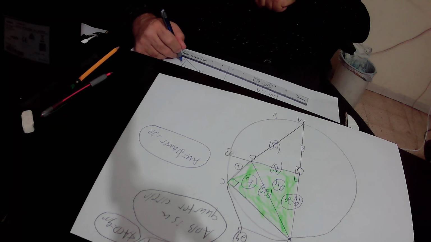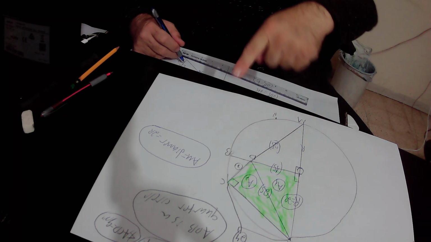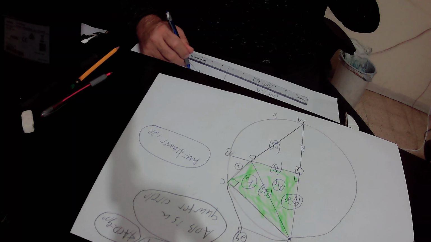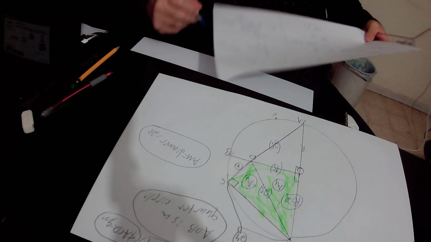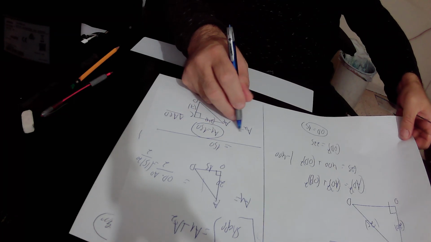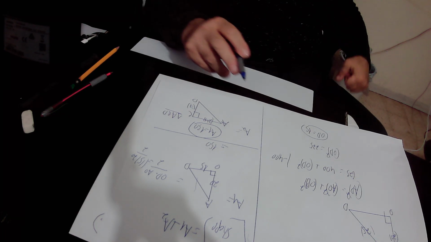CD equals 7 and AC equals 24. Again, A2 equals the area of the right triangle ACD.